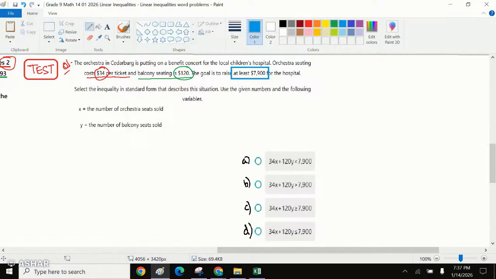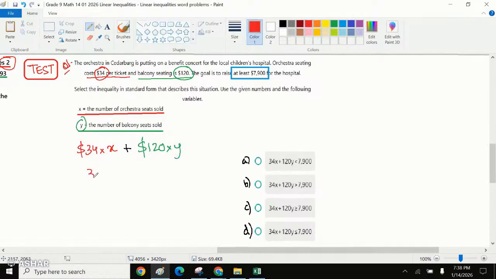What we can say is X was seats sold, that is $34, right? $34 times X plus $120 times Y, the number of seats sold.